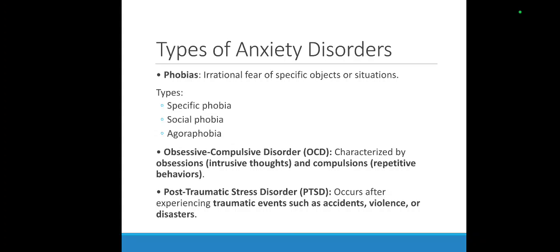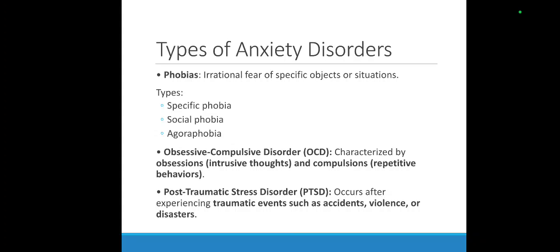Okay, for another type of anxiety disorder, we have your obsessive compulsive disorder, characterized by obsessions or intrusive thoughts and compulsions or repetitive behaviors. The next type of anxiety disorder is post-traumatic stress disorder.